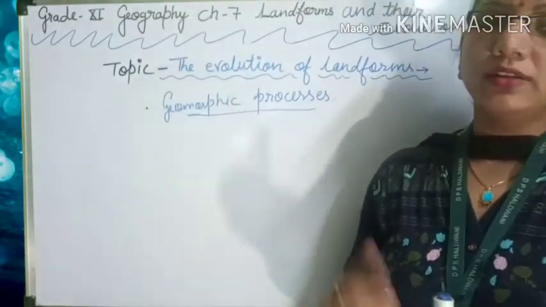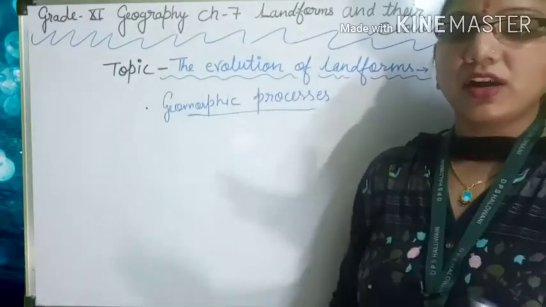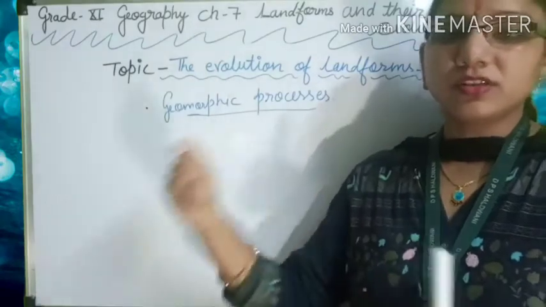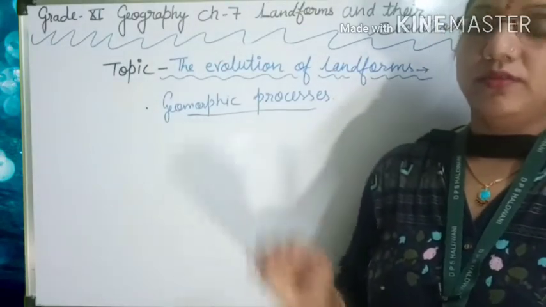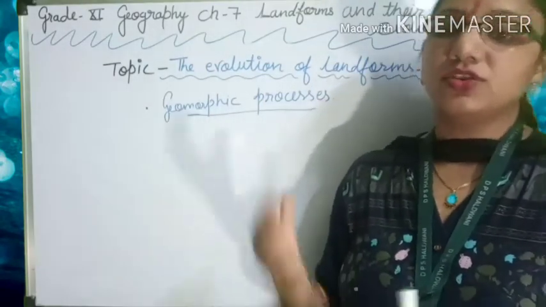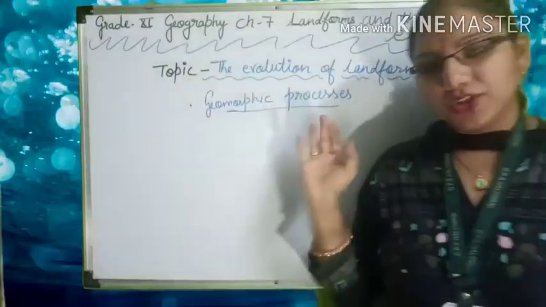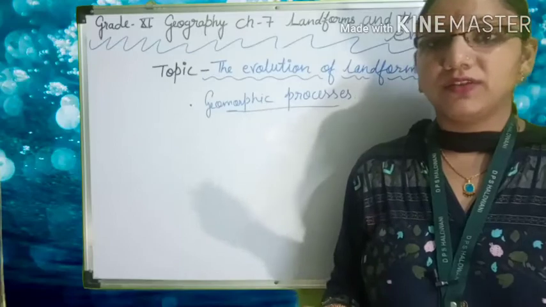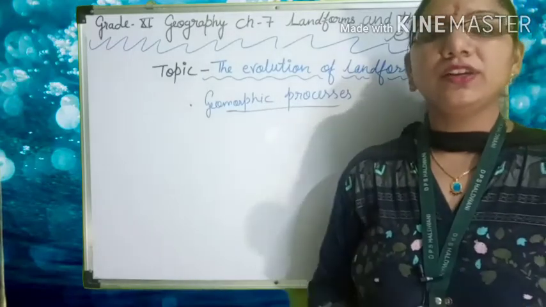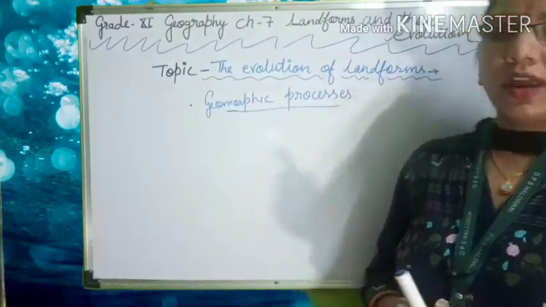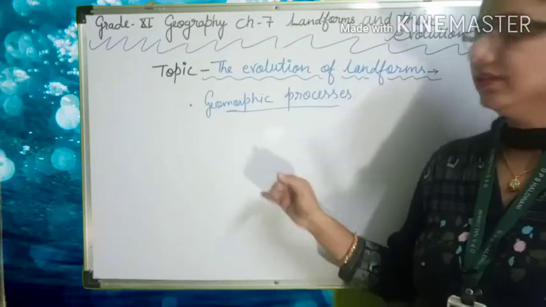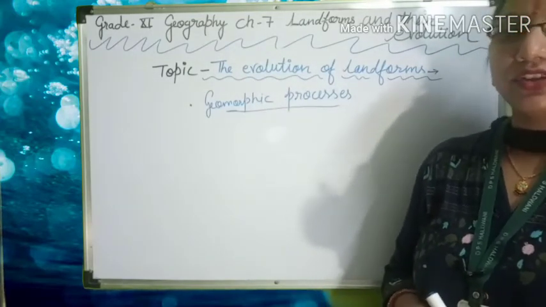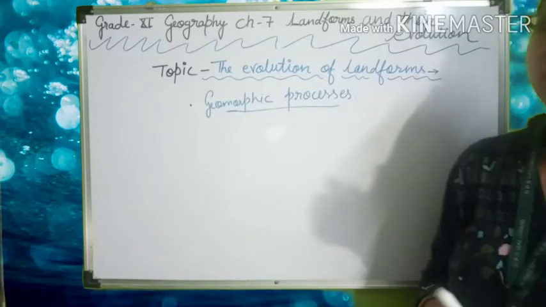So students, the changes which are occurring on the earth surface owe mostly to erosion by various geomorphic agents. Geomorphic process is the most important activity, in which we can include the erosion activity as the evolution of the landforms. So students, which type of activity can we include in that? Erosion.